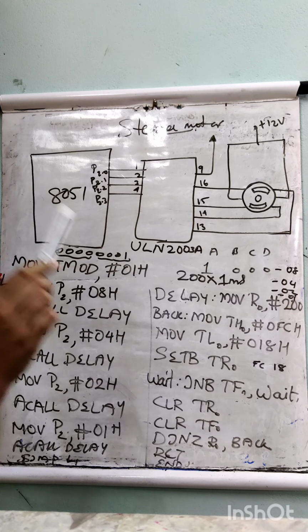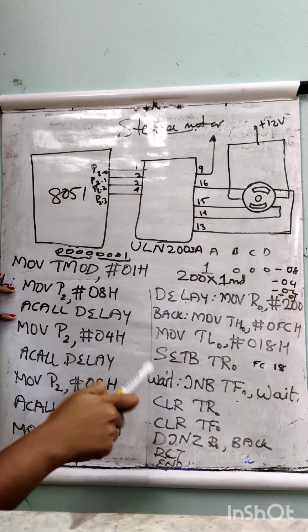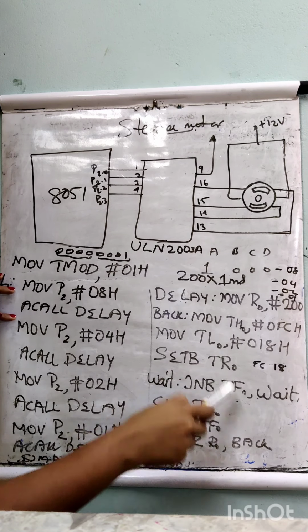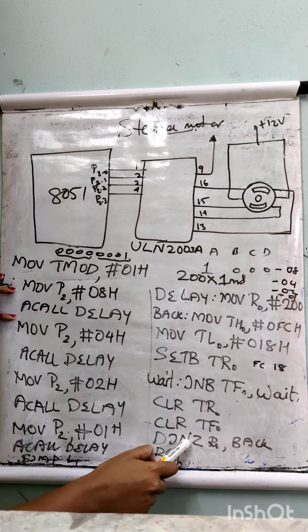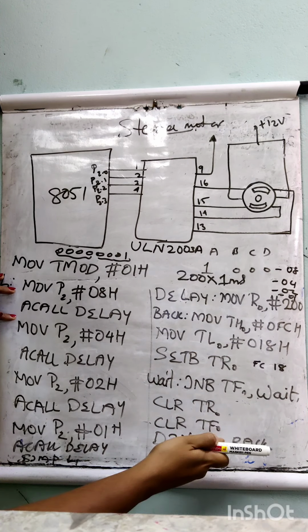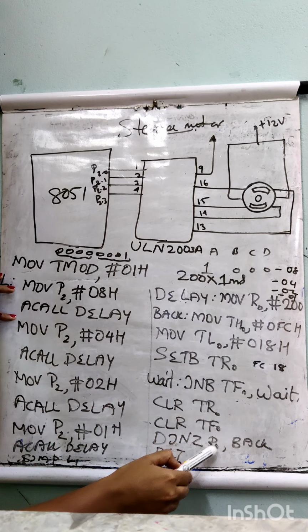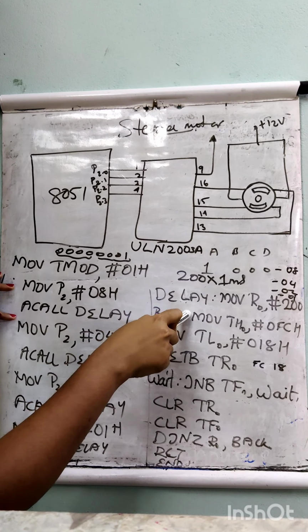And once the timer count is over, it will clear the timer flag, and then it jumps to the decrement and jump on non-zero R0 back. So once the loop is completed once, the value of R0 becomes 199 from 200, and again it will jump back to this step.